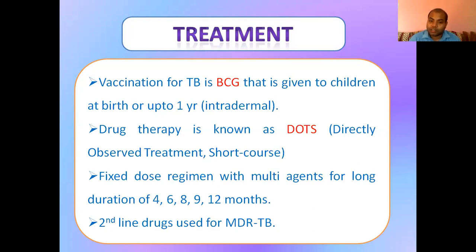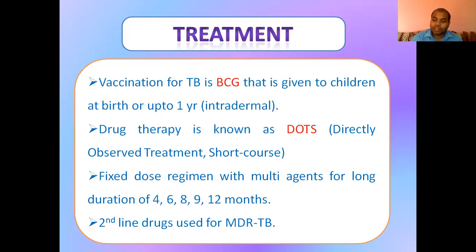The anti-TB drugs are classified as first line drugs and second line drugs. The second line drugs are generally used for MDR TB, multi-drug resistant TB. When there is resistance to the first line drugs, second line drugs are generally chosen.